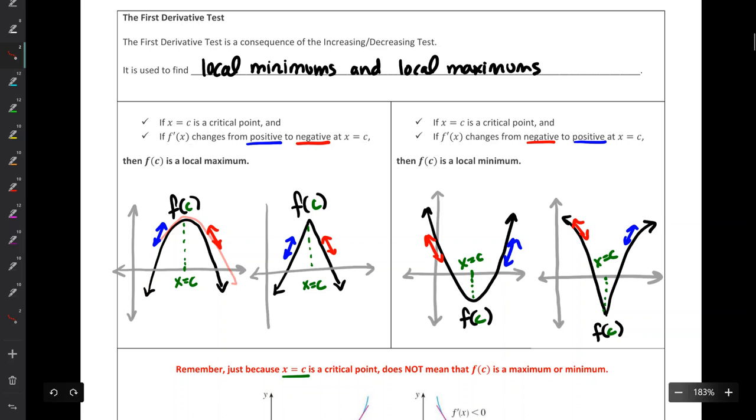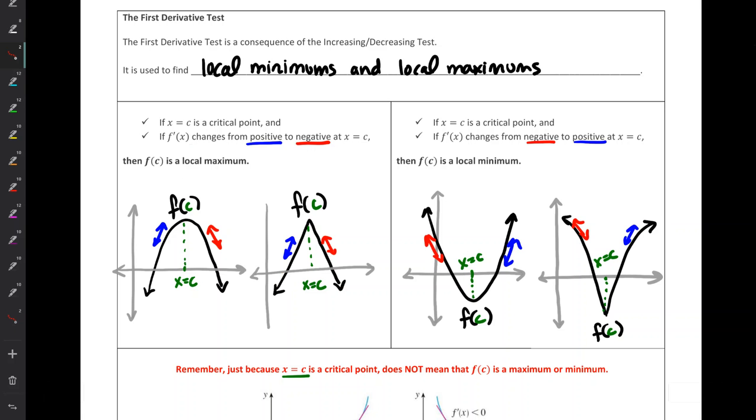That looks like a local maximum, possibly an absolute maximum, and the maximum is that function value. Here's another picture. X equals c is a critical point because the derivative is undefined there at that corner, but we still have this case where my derivative is changing from positive slopes to negative slopes, so my function is changing from increasing to decreasing, must have a max. The max is the y value.